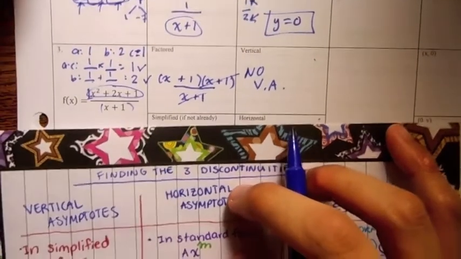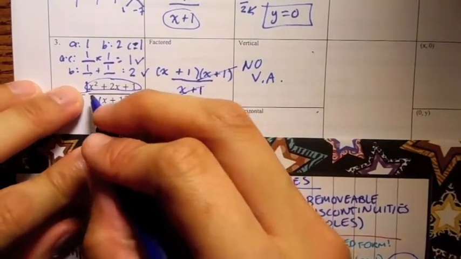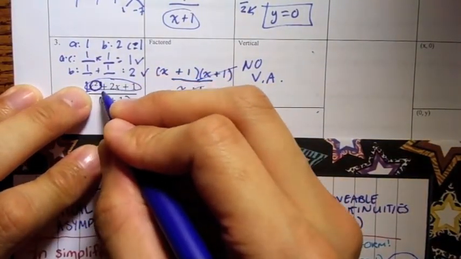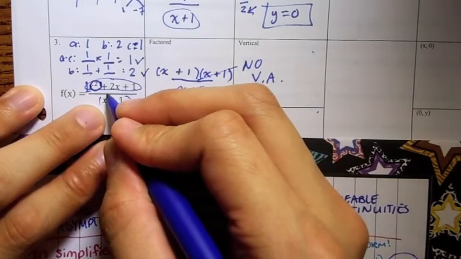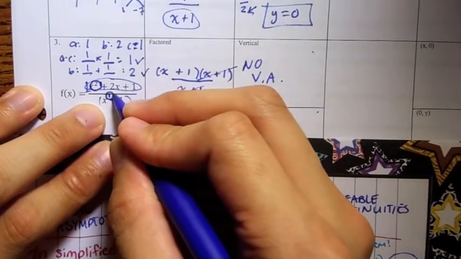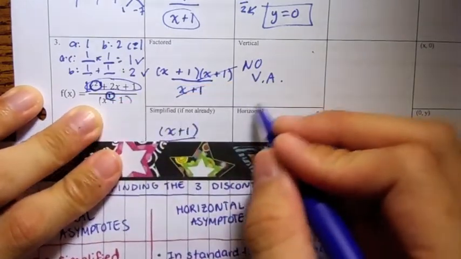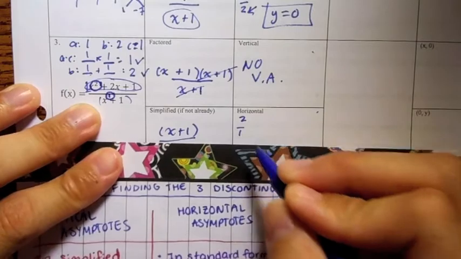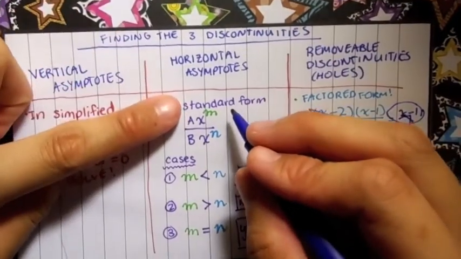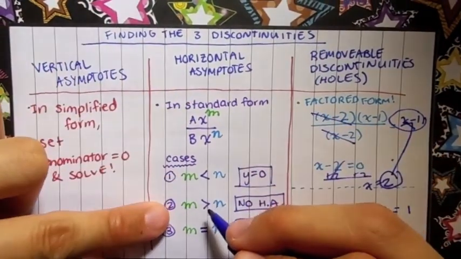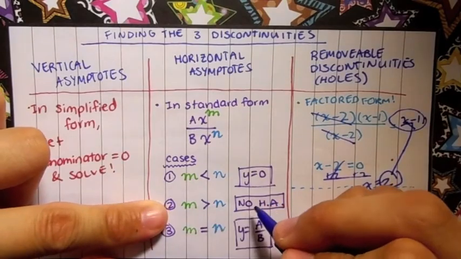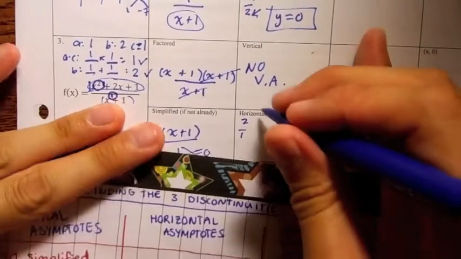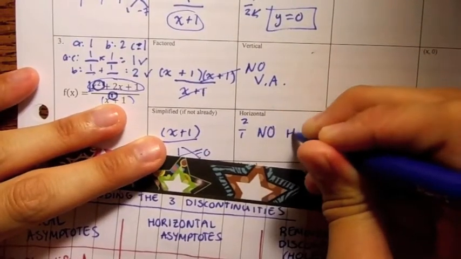On number 3, let's look over here. Here, my highest degree in my standard form is an exponent of 2. And my highest degree here, well, there's not one visible, but we assume it to be 1. 2 over 1. So that's greater than the one on the bottom. So in the case where the numerator one is bigger, that's option 2. In this case, there's no horizontal asymptote. So this one would be no horizontal asymptote.